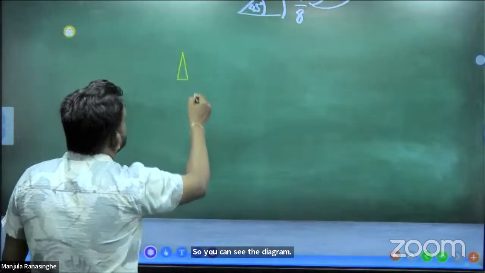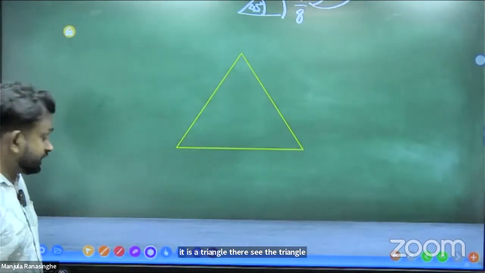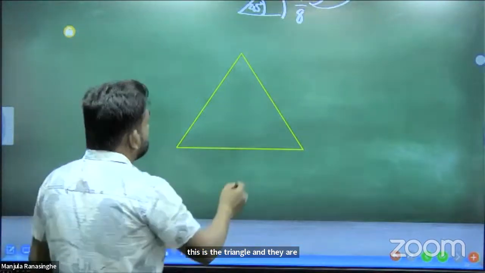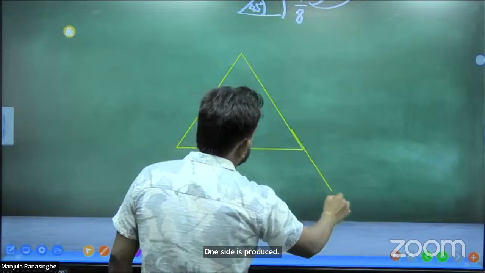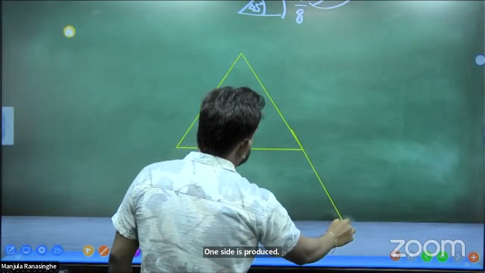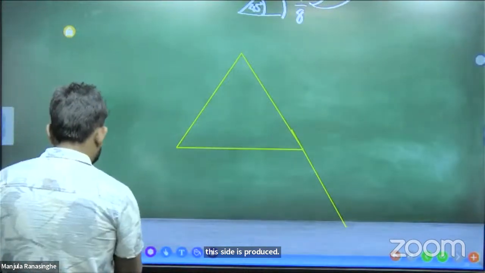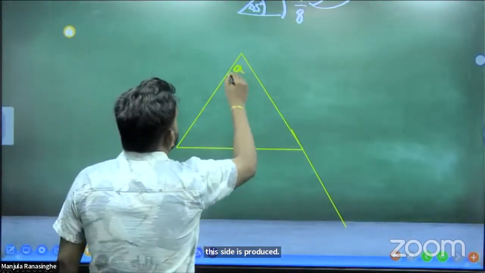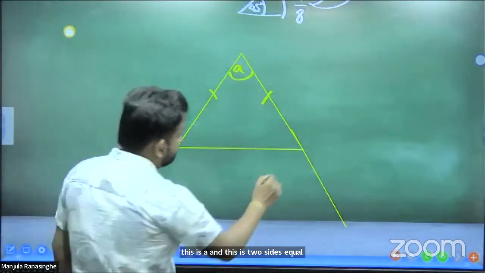See the triangle, and one side is produced and this side is produced. This side is produced, and here you can see that this is A. This is A, and these 2 sides are equal, and this becomes 150.